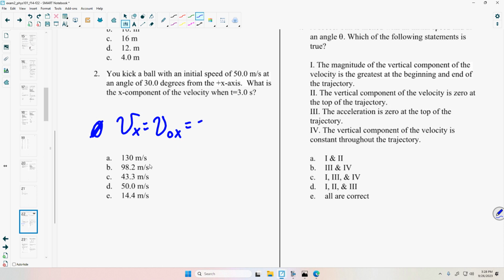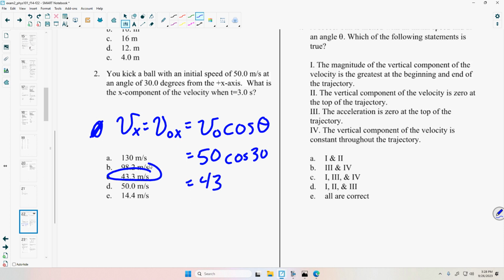So V naught x, I know, is V naught cosine theta. So that's all I need to do. V naught, which is 50, cosine of 30, is equal to 43.3 meters per second.